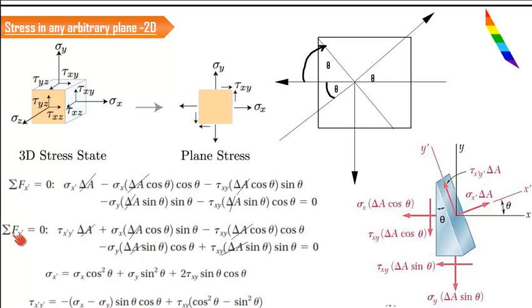And if you cancel out all the similar terms in the summation of F y dash, what you are left with is tau x dash y dash equal to, if you group the sin theta cos theta, minus of sigma x minus sigma y sin theta cos theta plus tau xy into cos square theta minus sin square theta.